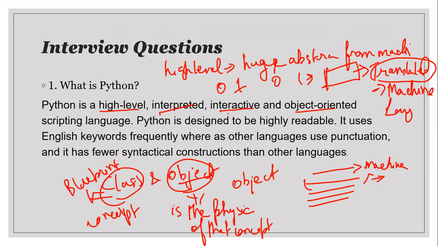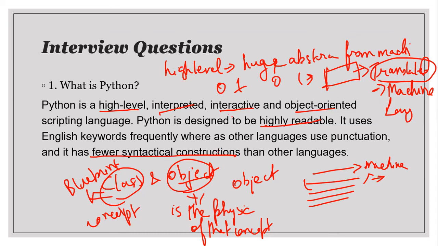Second, how is it helpful, or what are the features? Python is designed to be highly readable. You can understand it easily. It uses English keywords, and it has fewer syntactical constructions than other languages.